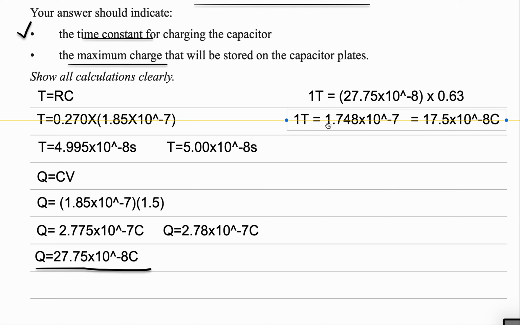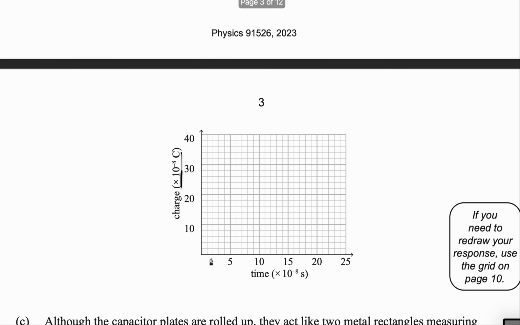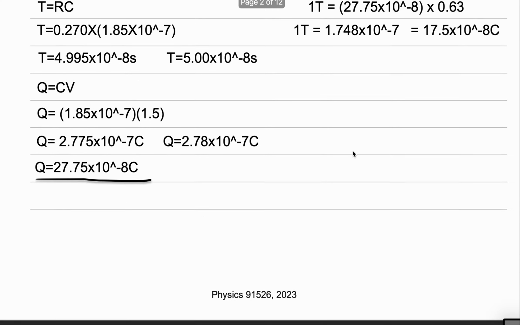That gives us the answer of 17.5 times 10 to the power of negative 8 coulombs. So remember that 17.5, 2, 4, 6, 17.5 is about here, and our time constant is every 5 times 10 to the power of negative 8 seconds, so that's our first point there.